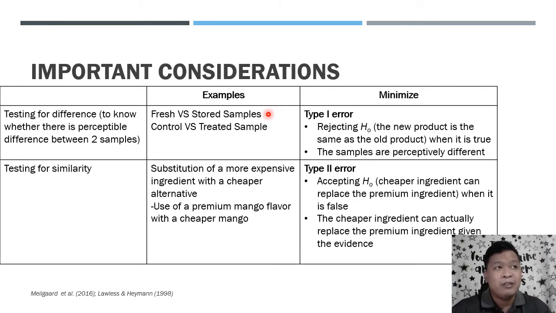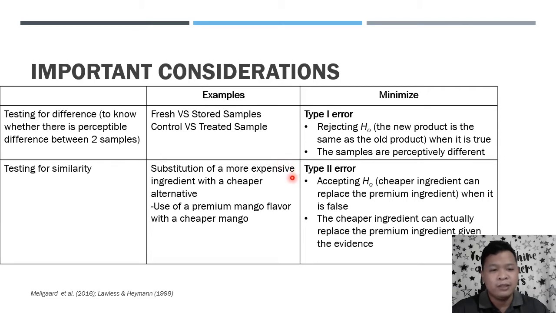Na if you consider the end of shelf life as if there is a perceptible difference from the fresh regardless of what attribute that is, then you would use a test for difference. Similarly, control versus treated sample if you are doing maybe modifications on your product, and then testing for similarity as is the case when doing ingredient substitution.